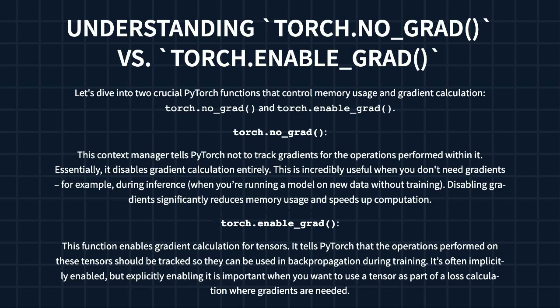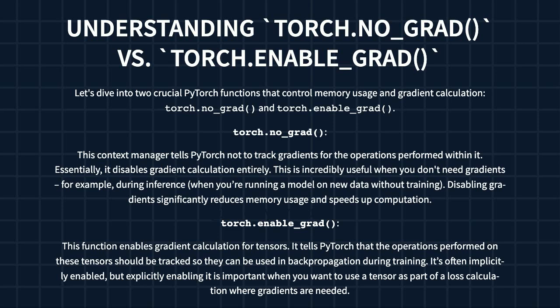It's perfect for when you're running your model on new data and aren't training. Now, torch.enable_grad is different. It simply tells PyTorch, okay, these tensors can be used to calculate gradients. It doesn't necessarily mean they will be, but it makes them eligible for the backpropagation process during training. So one disables everything, and the other just turns gradient tracking on.